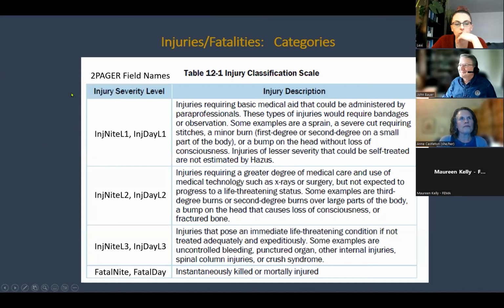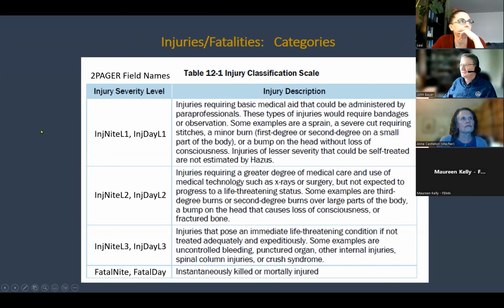And this gets into a little detail of those casualty levels for those of you who want to plan on this. It ranges from moderate to life-threatening to instantly killed or mortally injured here. So again, nighttime, level 1, level 2, level 3, daytime, level 1, level 2, level 3.